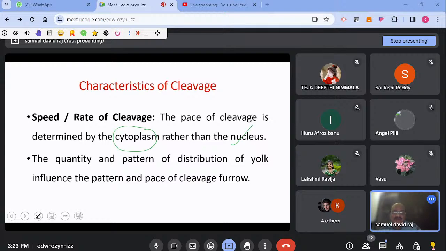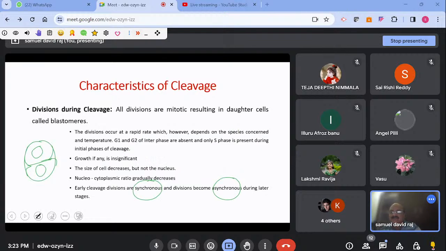And for the cytokinesis to occur, it is not the nucleus, it is the cytoplasm that determines. Why they say so? Here, if the yolk is said to be present up to the equator, active cytoplasm is present here, and there are two daughter nuclei formed on the other side in the active nucleoplasm place.